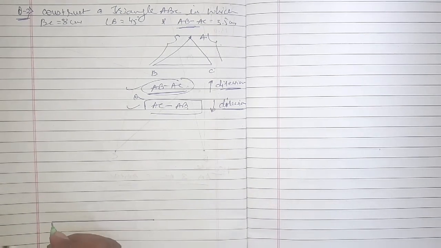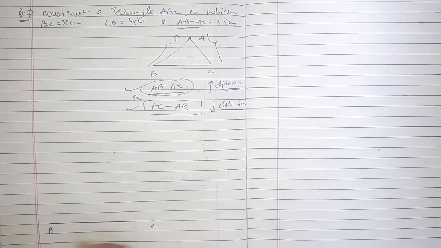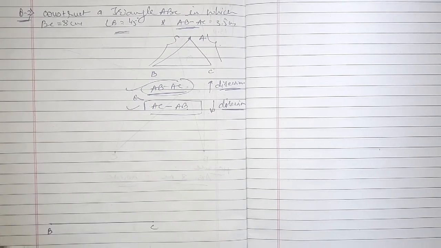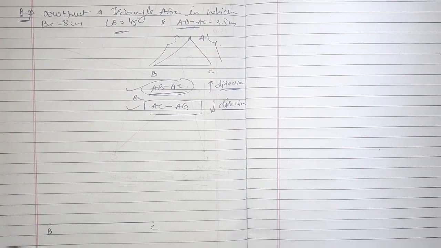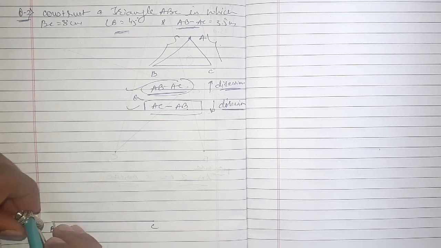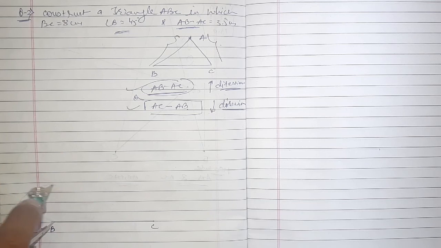Here your BC is 8 centimeter. Now construct 45 degree at B. For that, first of all, draw the semicircle.